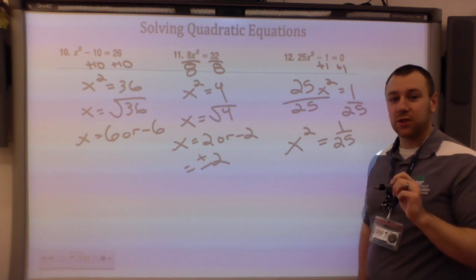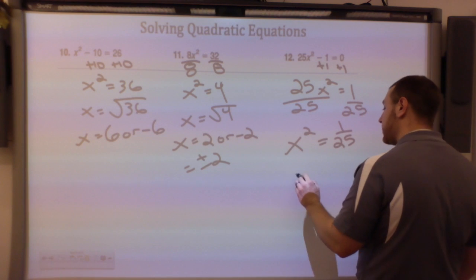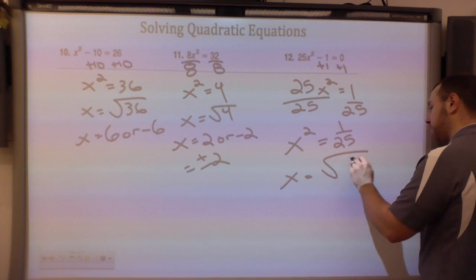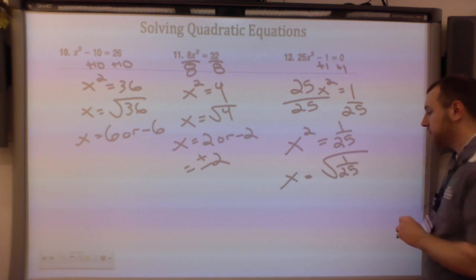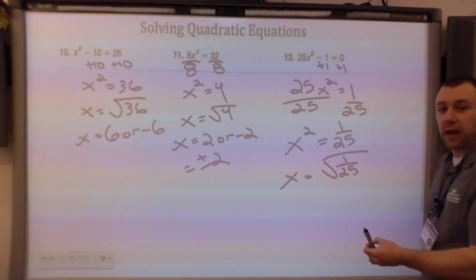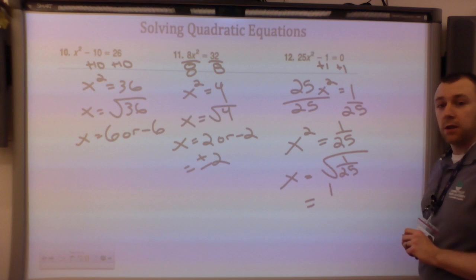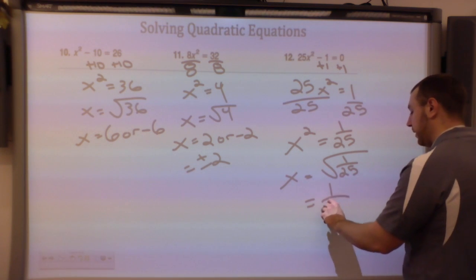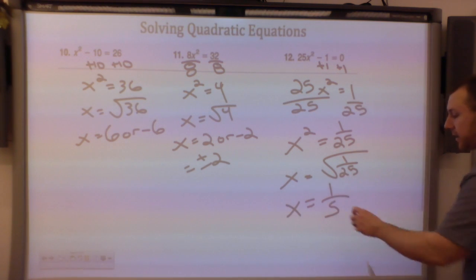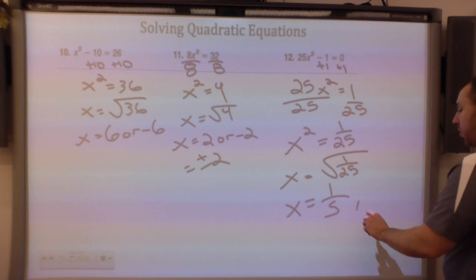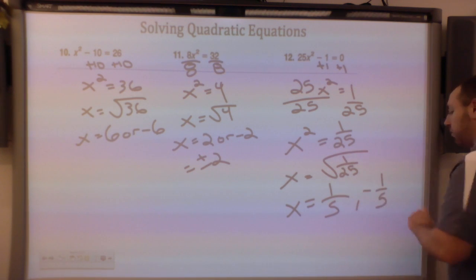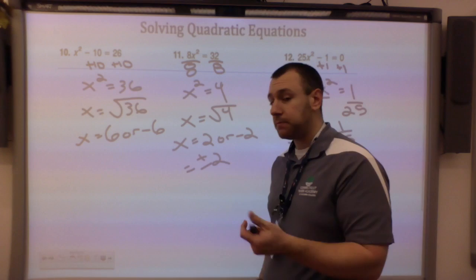I then take the square root, leave it as a fraction, and I would square root both top and bottom. The square root of 1 is 1. The square root of 25 is 5. So x is going to be 1/5 or negative 1/5. Those two answers there.